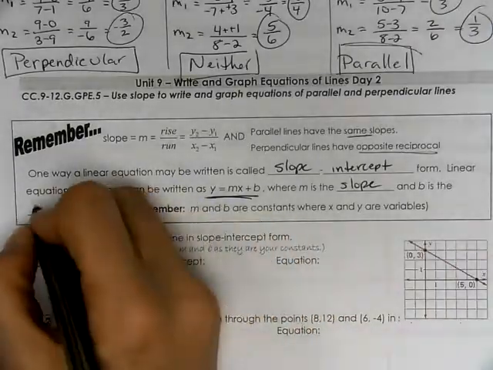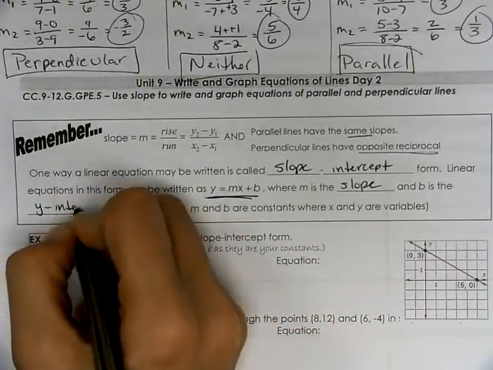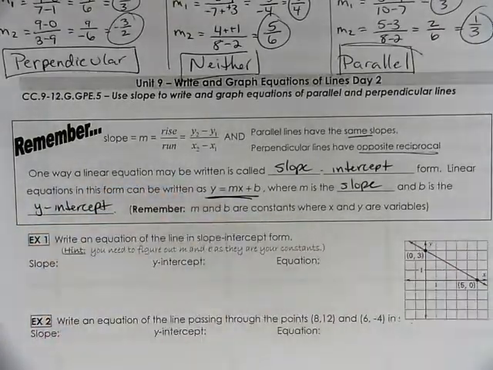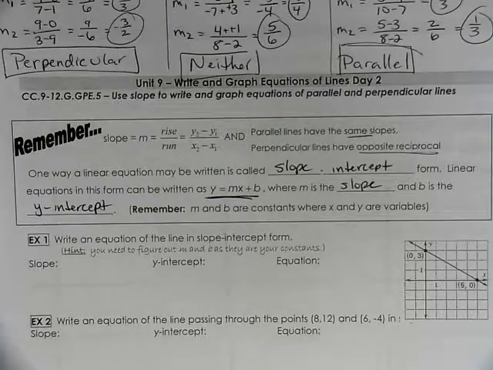B is the y-intercept. Remember, m and b are constants, where x and y are variables. Every equation should have an x and a y. Don't do what you did with the circle equations and plug in all the numbers and not give me an x and a y.